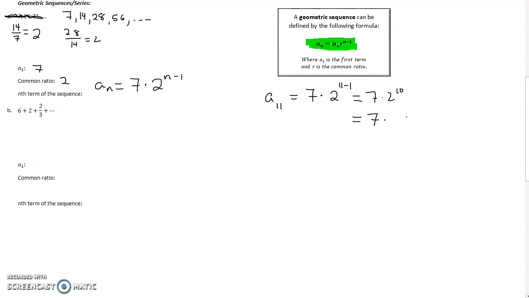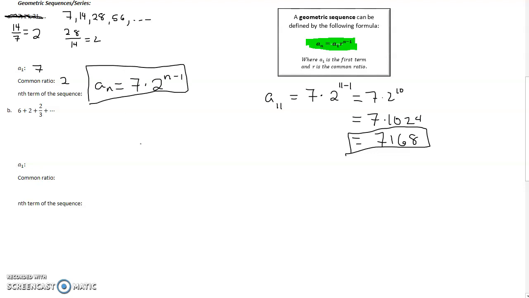So this would be 7 times 1024. And 7 times 1024 is 7,168. So if you were to work this geometric series out more, you'd find that the 11th term is 7,168. But it asks us for the nth term in the sequence, so that would be our answer here.